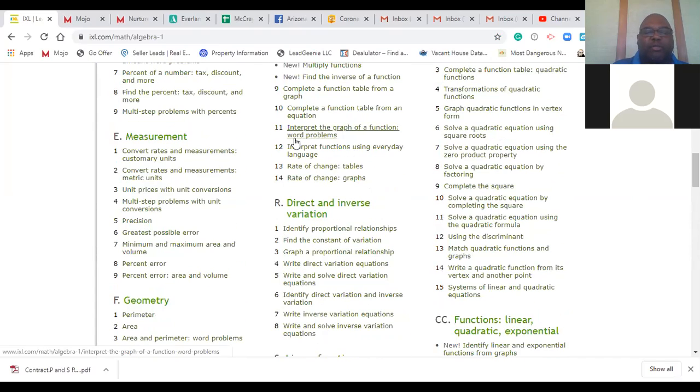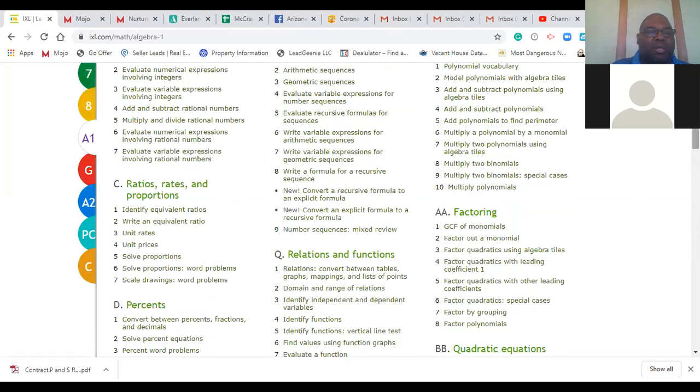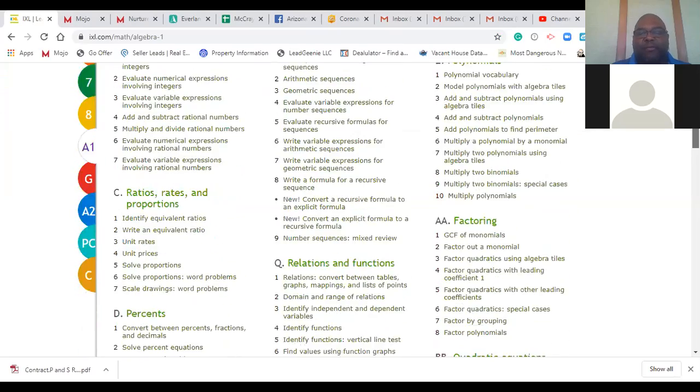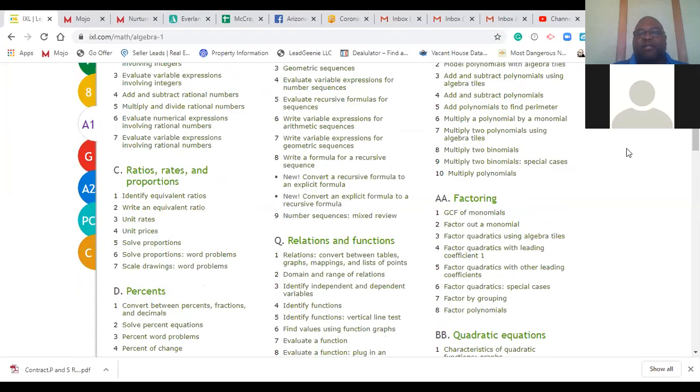I said measurement. Okay. Percentages and proportions, and lastly, factoring. Okay. There you go. That should keep you quite busy. You said proportion too? I did say proportions, yeah.